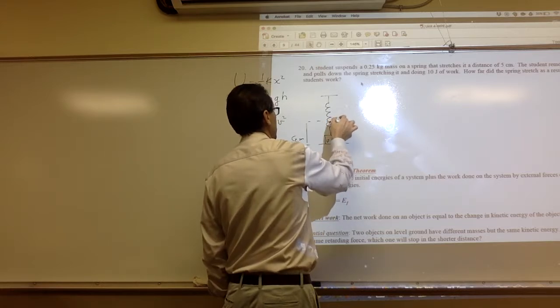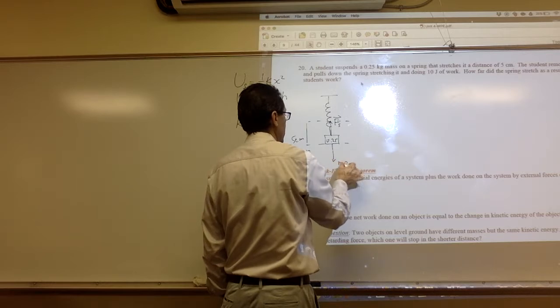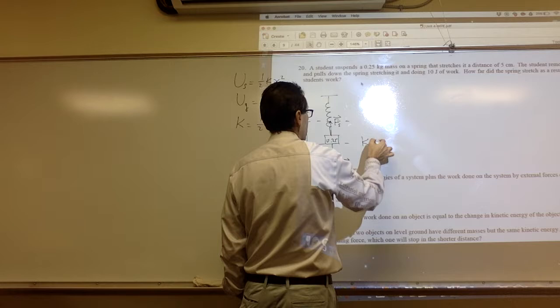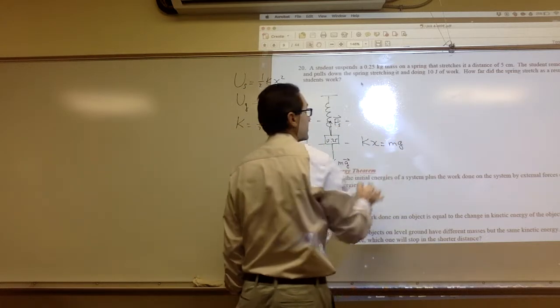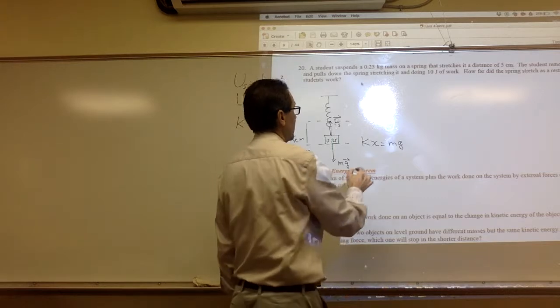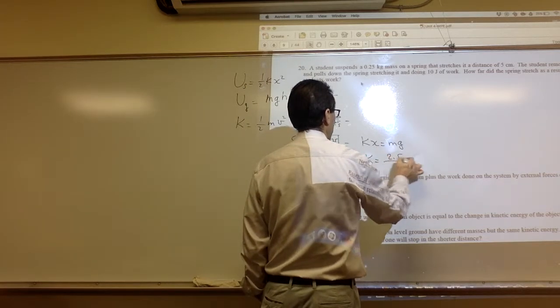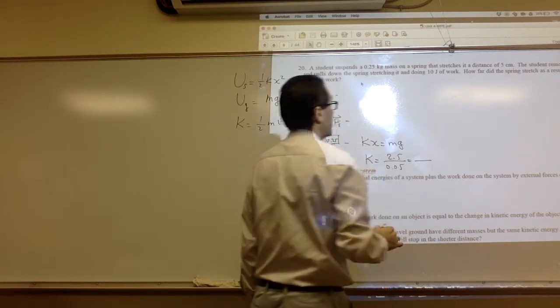Again, the spring is pulling back on the mass, gravity is pulling down on the mass, and those two have to be equal. So Kx, which is Fs, should be equal to mg. So I'm going to go ahead and find K. K is 2.5 divided by 0.05.